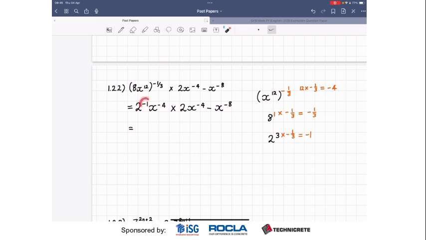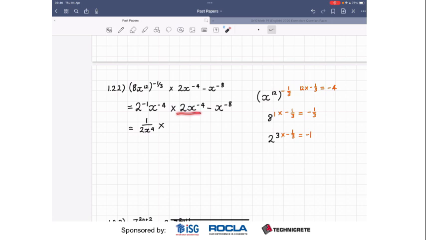So I know that when things are raised to negative powers, it just means that these numbers are meant to be in the denominator. So if I've got 2 raised to the negative 1, that just means 1 over 2 to the 1, which is 1 over 2. And then for the x to the minus 4, that means that it's 1 over x to the positive 4. So I can rewrite my expression like this.